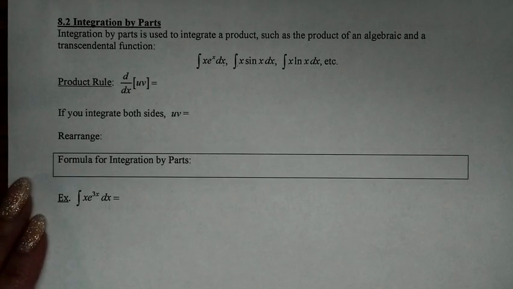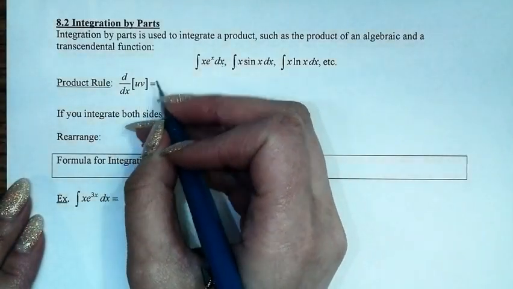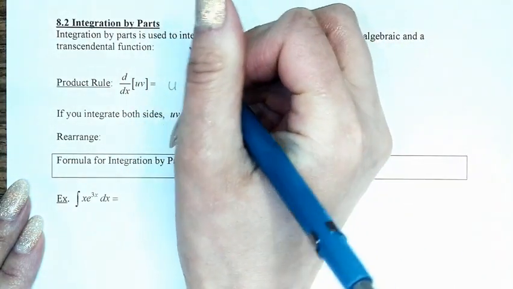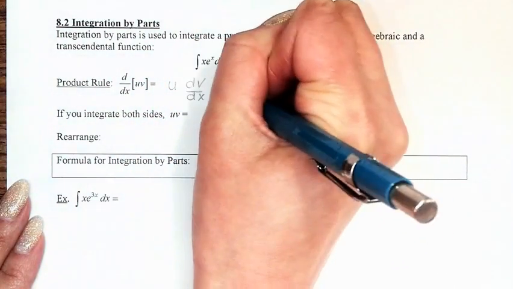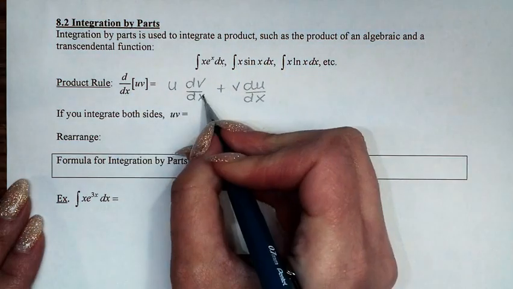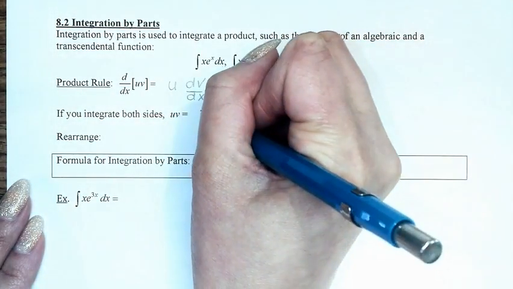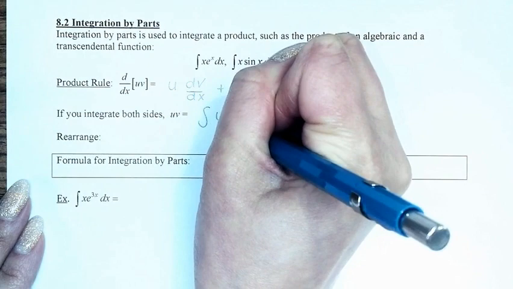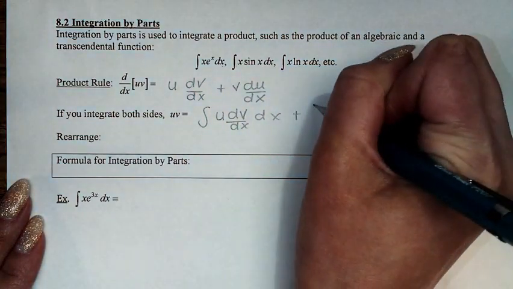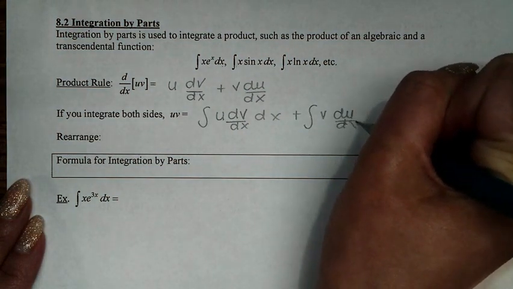So if you remember the product rule, if we have the derivative with respect to x of u times v, what we have is that the derivative is going to be u dv dx plus v du dx. Okay? So if we integrate both sides, what you're going to have is that uv is going to be equal to, technically speaking, the integral of u dv dx plus the integral of v du dx.